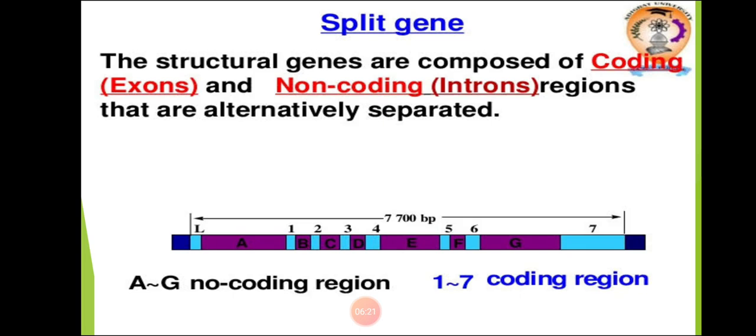The in-between regions labeled A, B, C, D, E, F, G are non-coding sequences, also called introns. They alternate with each other. Coding sequences appear in the processed mRNA, whereas non-coding sequences do not appear; they cannot be expressed.